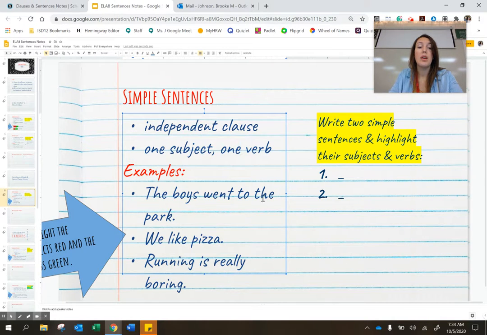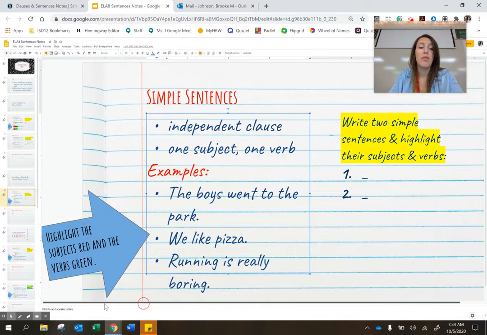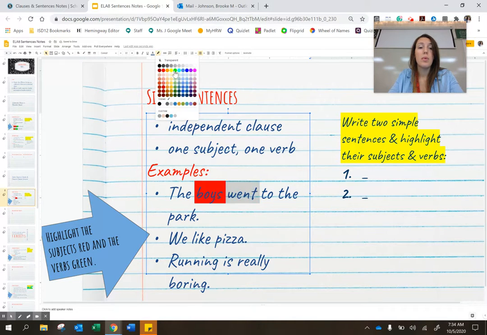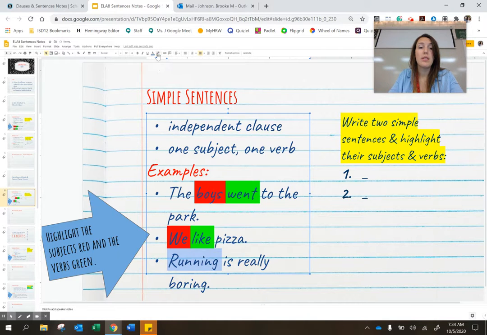So for example, the boys went to the park. And again, we're highlighting the subjects red and the verbs green. So the boys went. Went is the verb. We like pizza. So who, we, what about we, like. And then running is actually the subject in this one.